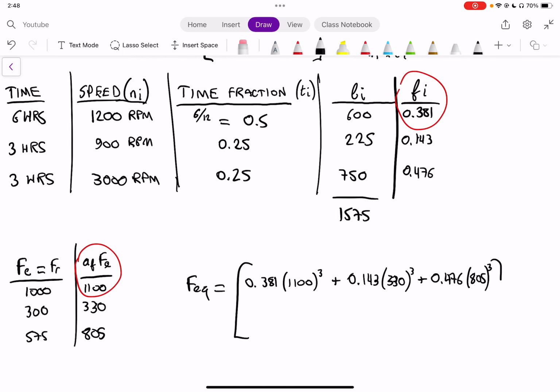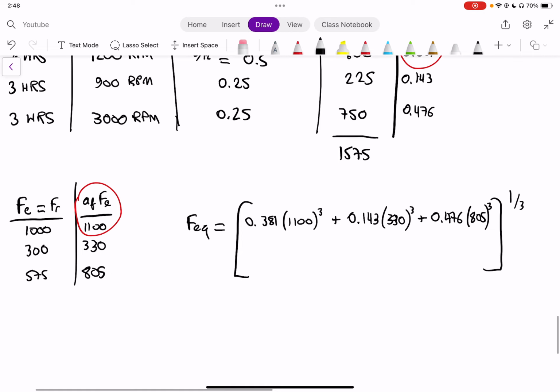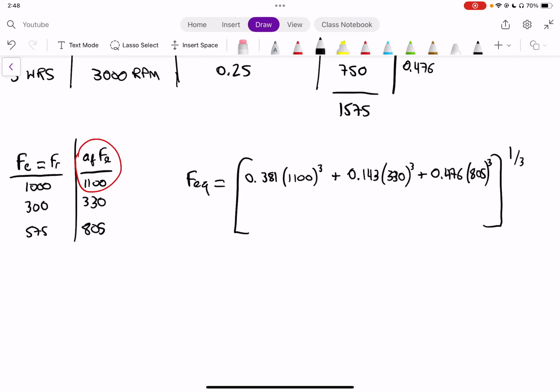And then we put this all to the power of 1/3, and we will find that our F equivalent that we need to go into our catalog with, and we need to make sure that we have a bearing that can withstand that force, is going to be equal, if we calculate all the numbers, to 913 pound force.